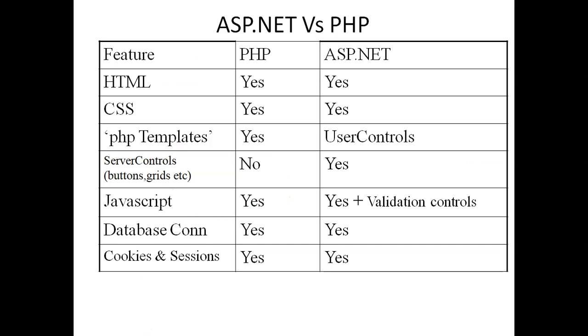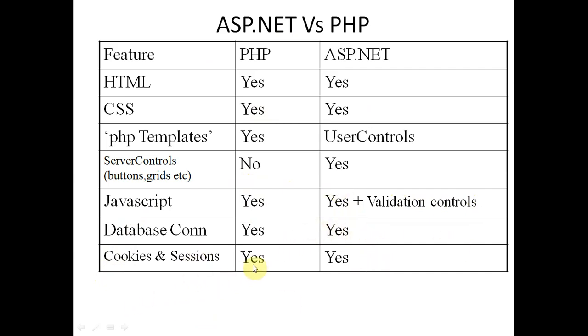And we can also differentiate PHP and ASP.NET. HTML is used in ASP.NET and PHP both, and CSS is also used in both server-side programming. PHP templates are used only in PHP, but in ASP.NET we are using user controls. Server controls are used in ASP.NET but not in PHP, and JavaScript is used in PHP as well as in ASP.NET with the validation control, and database connectivity in both PHP and ASP.NET.